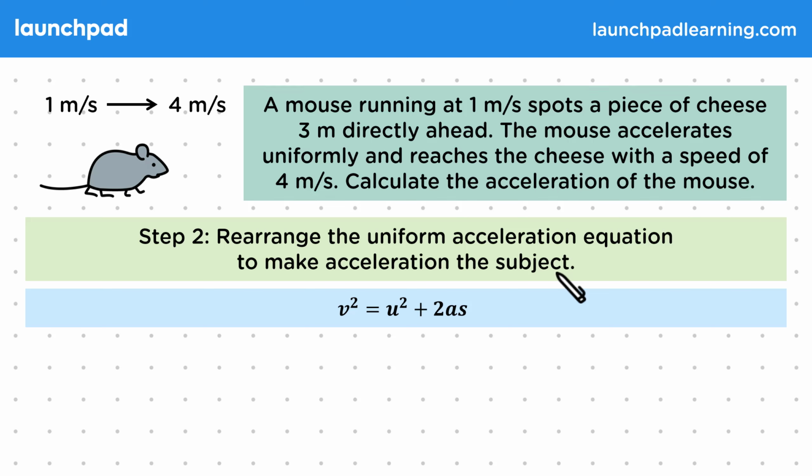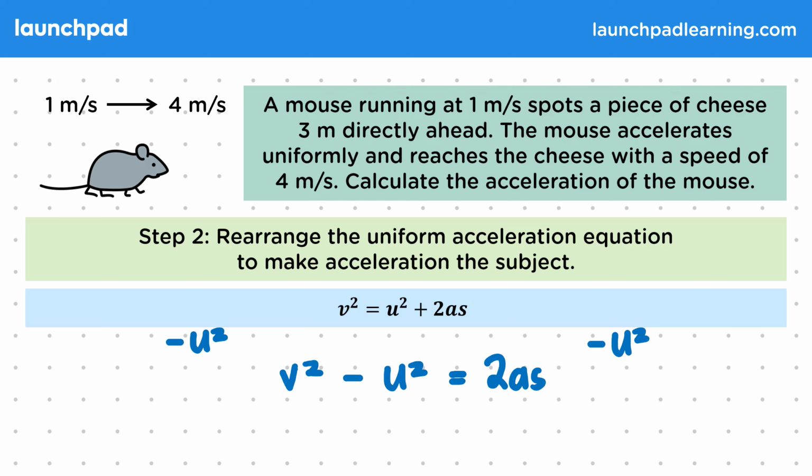So let's focus on the current example and make acceleration a the subject. First, let's subtract u squared from both sides of the equation, so we have 2as on its own. This gives us v squared minus u squared equals 2as. We'll flip this around so that a is on the left, giving us 2as equals v squared minus u squared.